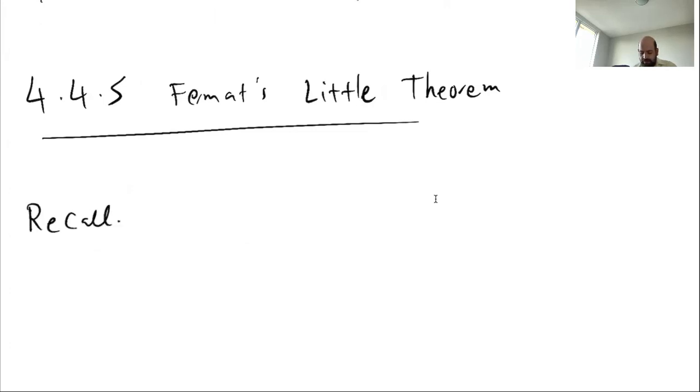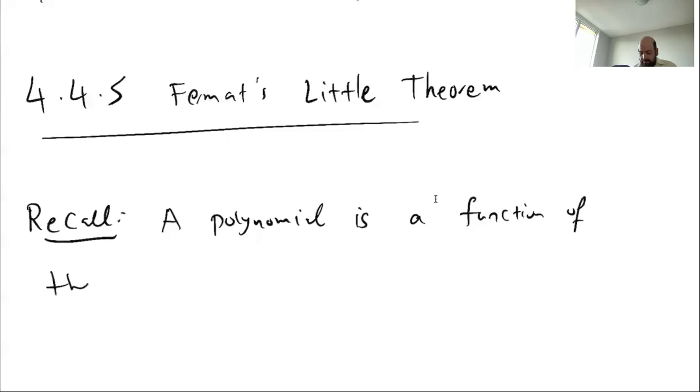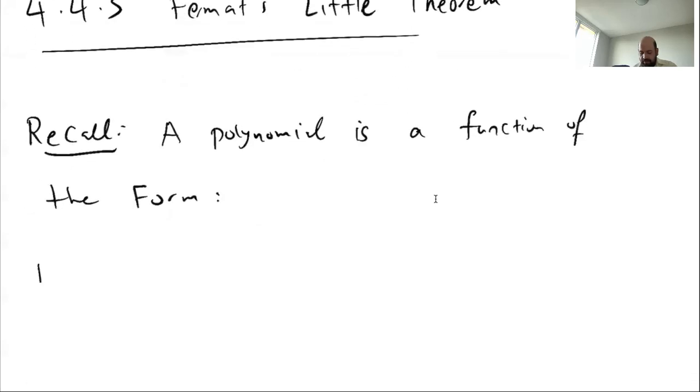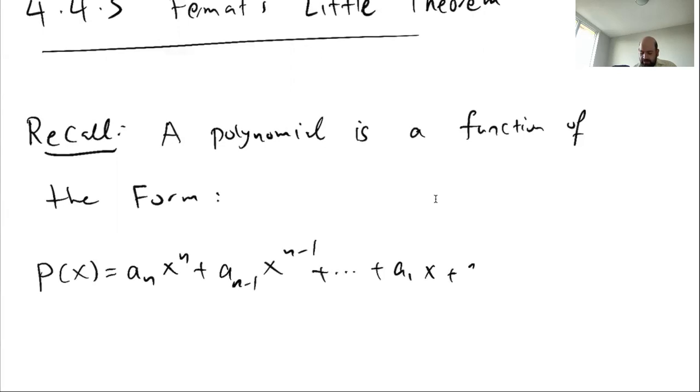So recall, a polynomial, let's say, is a function of the form p of x equals an x to power n plus an minus 1 x to power n minus 1 plus ... plus a1 x plus a0, where an is not equal to 0, and a0 to an are real numbers.